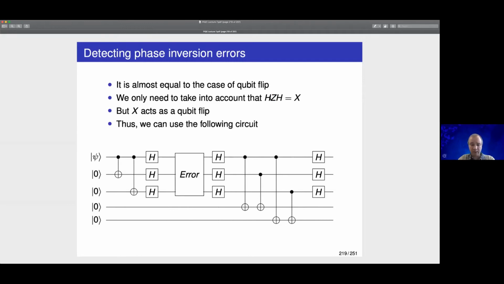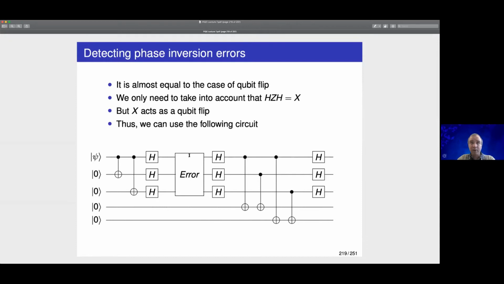This is something that we have used before. If you don't remember, you can easily check by multiplying the matrices for these operations. But this is something that we can use because now, imagine that the error that happens here is a Z gate, okay? So we have encoded our state with this part of the circuit.